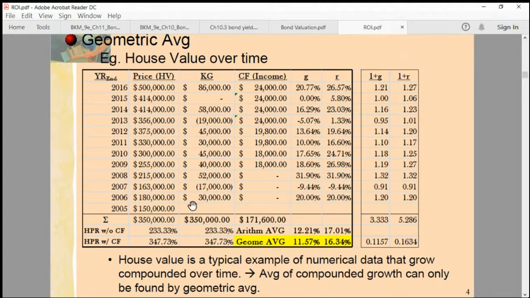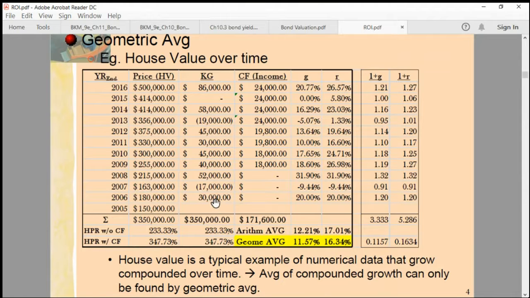If you bought the house only as your home, there won't be any additional cash flow. The only cash flow that comes from this house is from the growth in the house value. Suppose you bought the house in 2005 for $150,000, and in 2006 the house value increased like this.